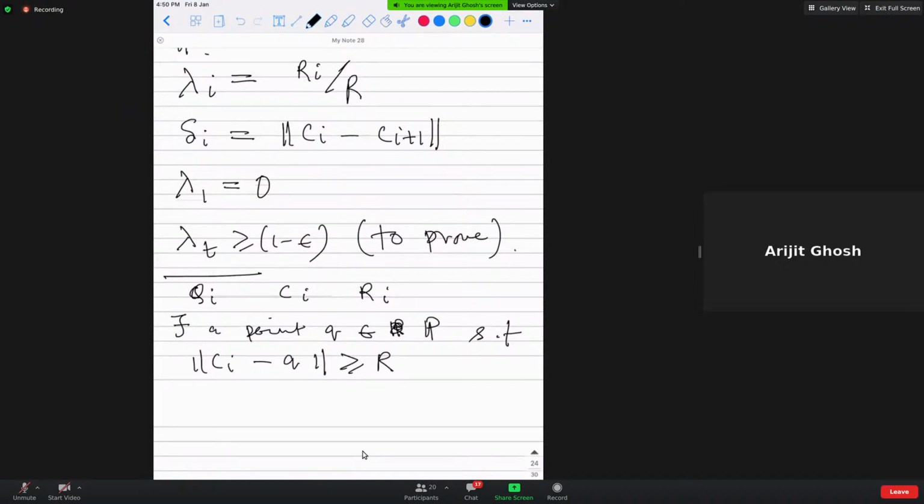If this is not the case, if there does not exist any point Q for which the distance between Ci and Q is greater than or equal to R, you are already at the optimal point, right?